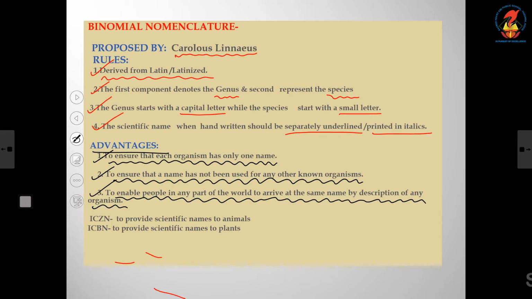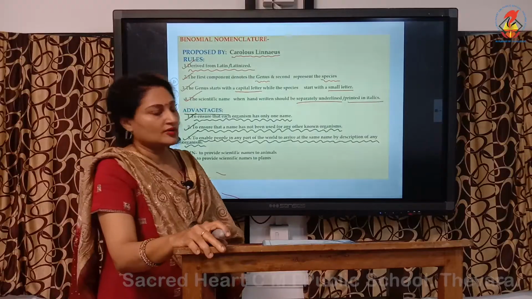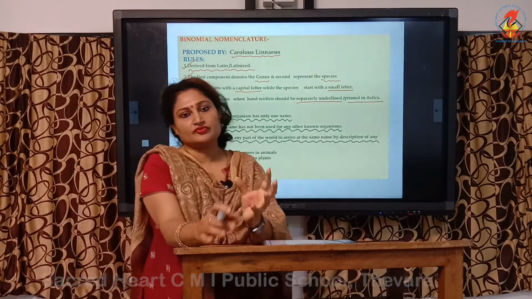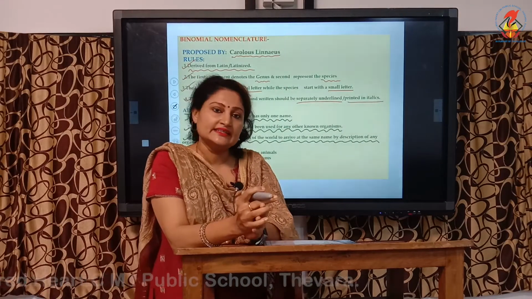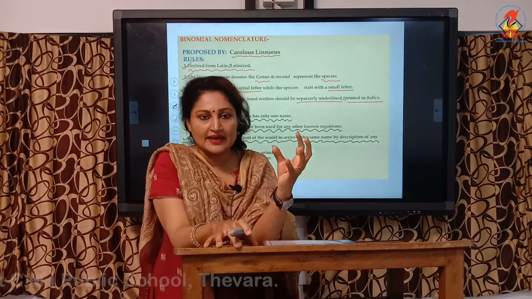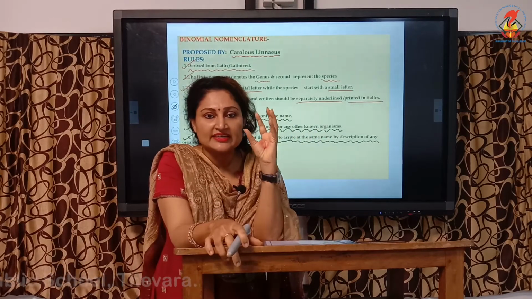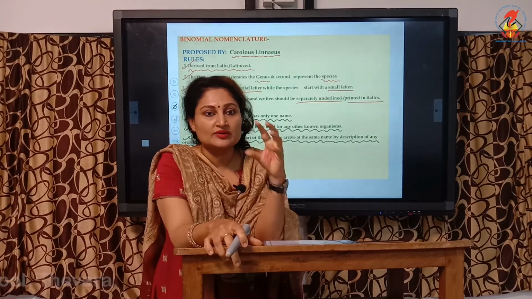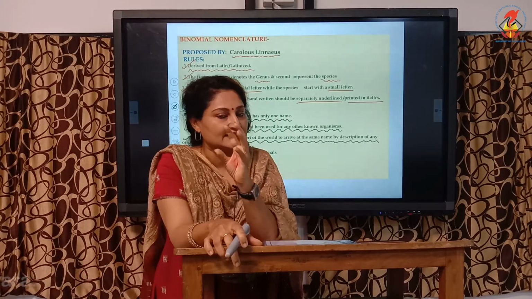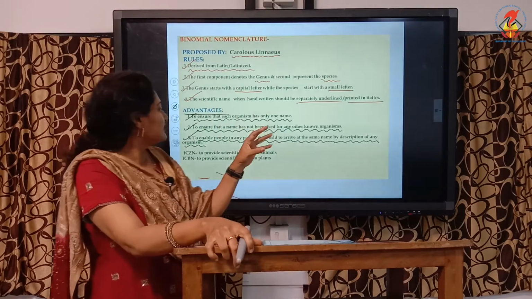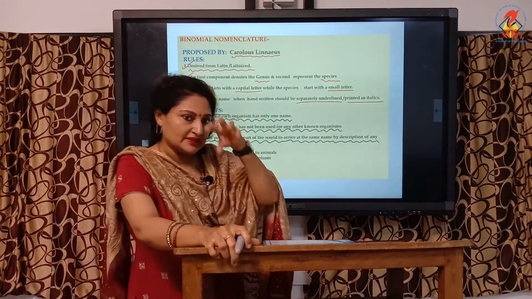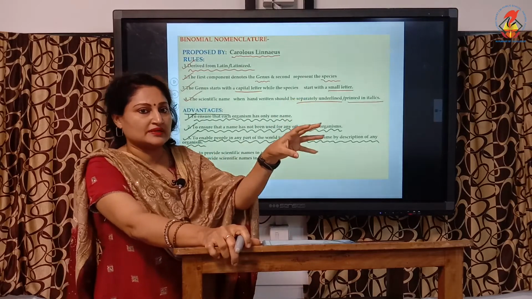Second, to ensure that a name has not been used for any other known organism. And third, to enable people from any part of the world to arrive at the same name by the description of any organism. For example, mango is called Mangifera indica. So, when it is introduced in Japan or Australia or America, when they say Mangifera indica, definitely they can conclude the origin is India, as indica indicates India, and the scientific name will properly make them reach the particular specimen.